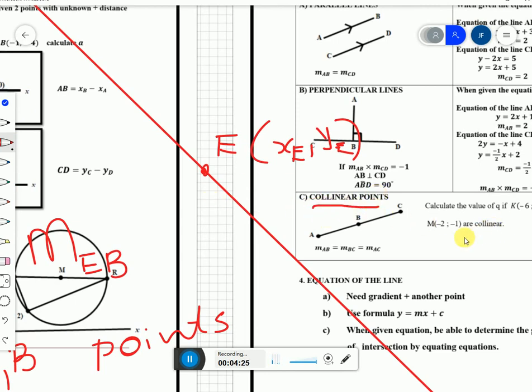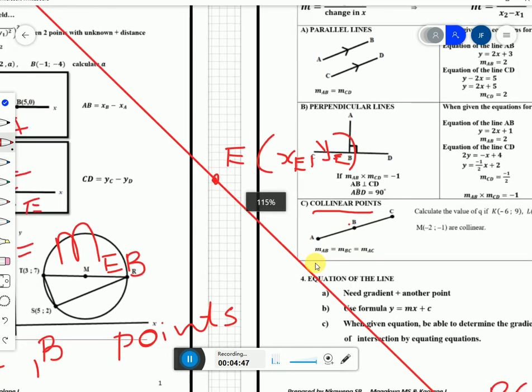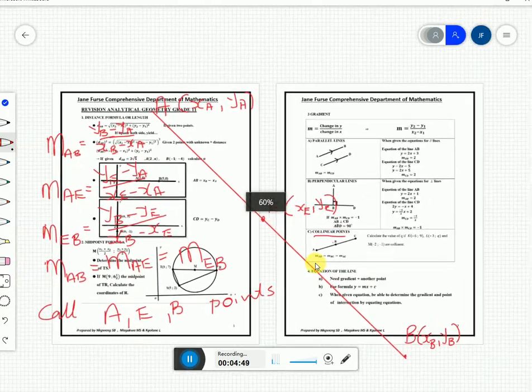Collinear. If the gradient of AB is equal to the gradient of BC is equal to the gradient of AC, then those points, we call them collinear points.